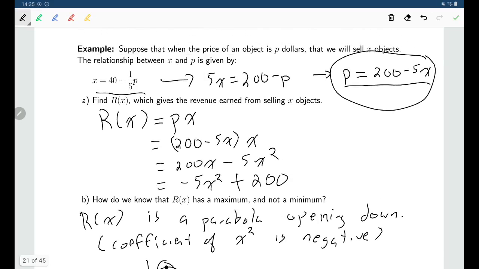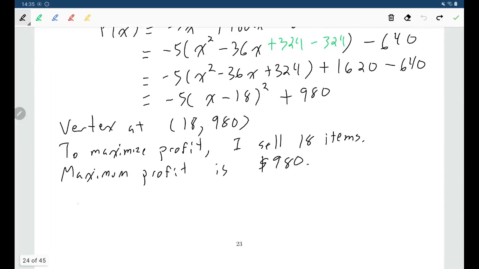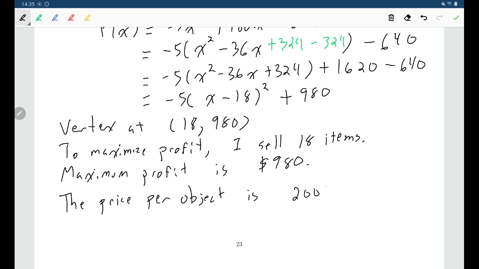So the price per object is 200 minus 5 times the number of objects sold, which turns out to be $110.